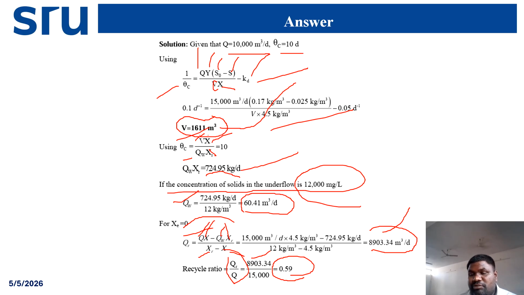And the last one, the recycle ratio, QR by Q, was also calculated, getting around 0.6. So these are the important parameters when someone is designing an ASP. These are some of the design parameters that need to be considered. Then only will efficiency be achieved around 85 to 90 percent.